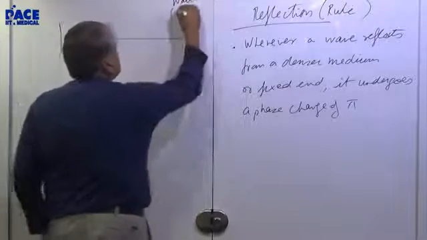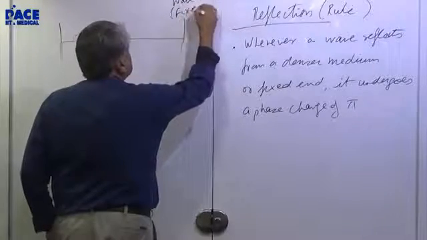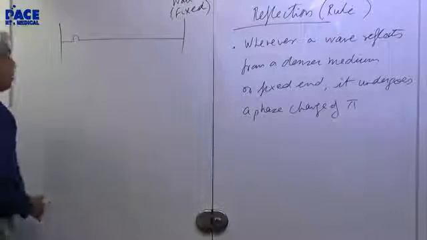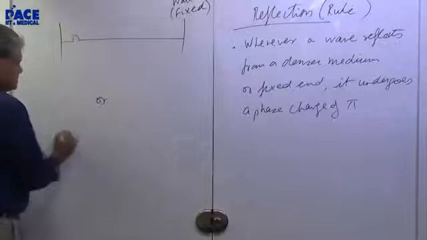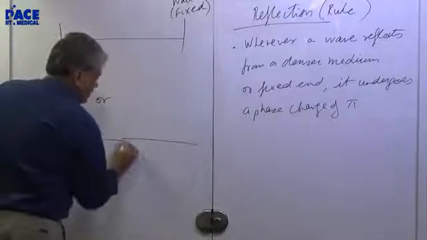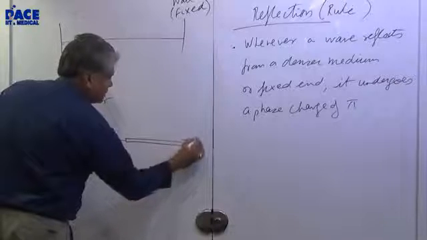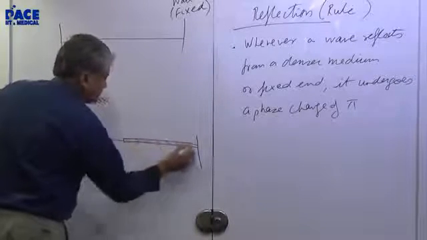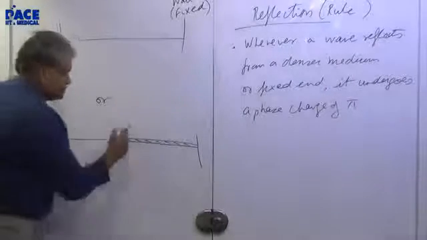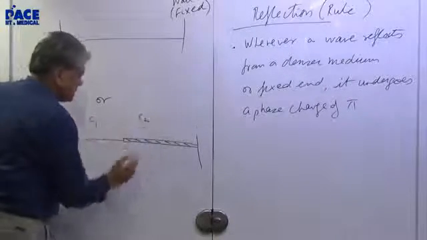You can call this a fixed end. It can be like this, or it can be like this. A thick rope and then a thin rope. Here the speed in a thicker rope is less. So this is what it means to say denser medium.